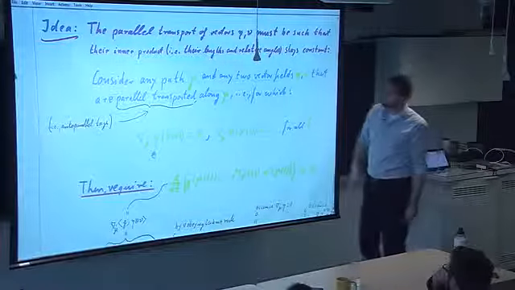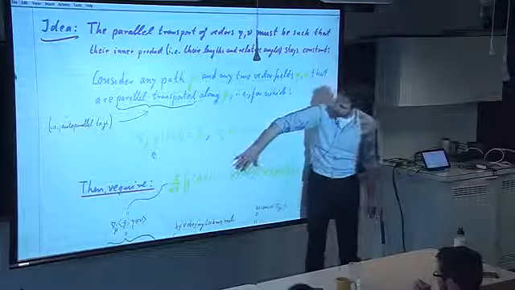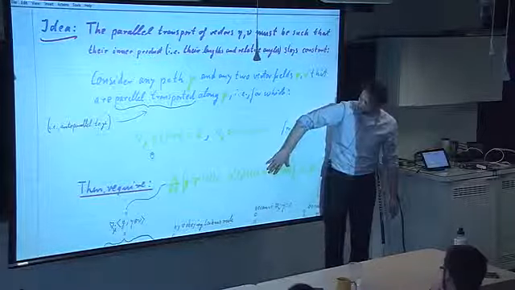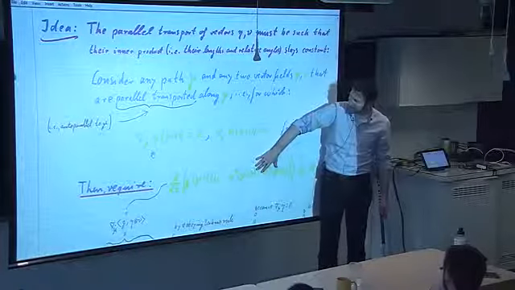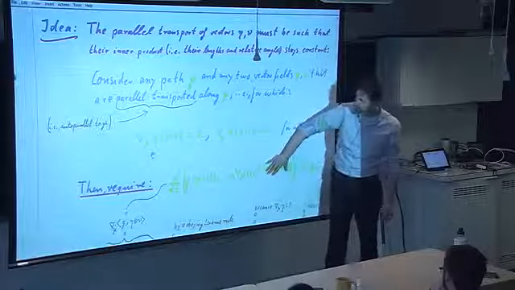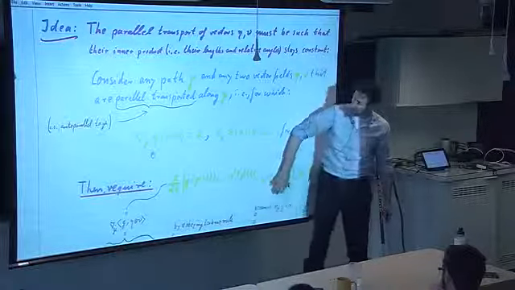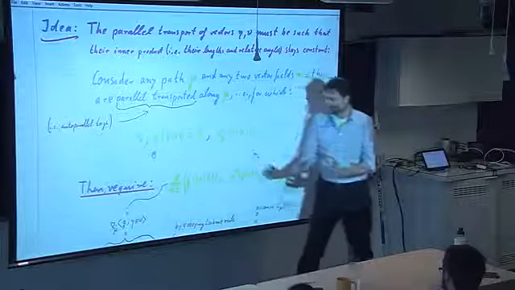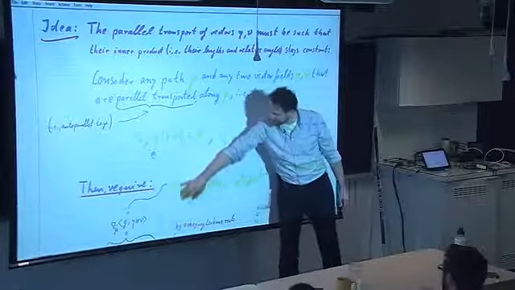Then what we require is that if you take the inner product between the vector field eta and the vector field nu at points on the path, then you get a certain number. And how do you do that? Take the vector fields and use the metric to contract them. You get a certain number. That number is not supposed to change: d by dt is equal to 0.